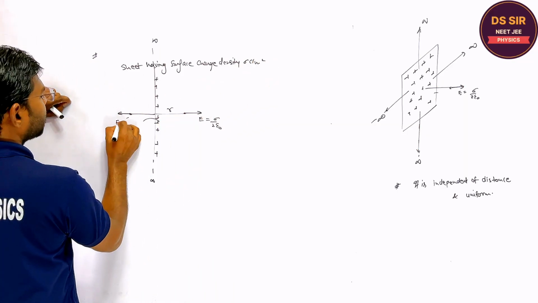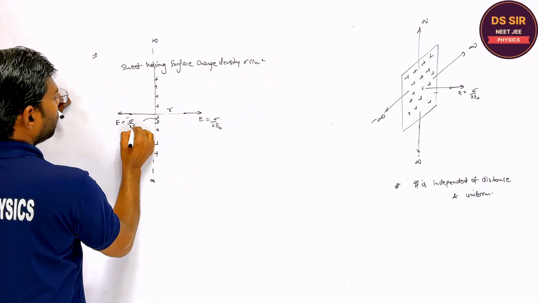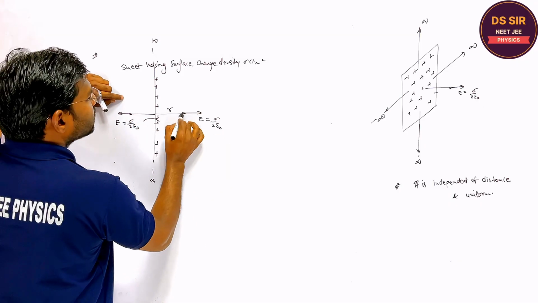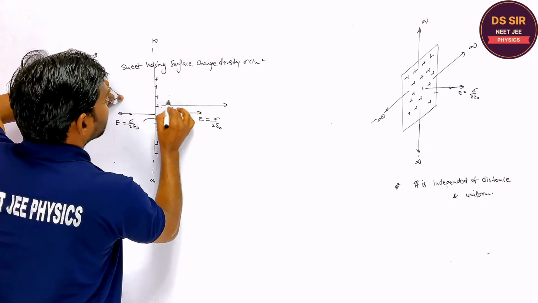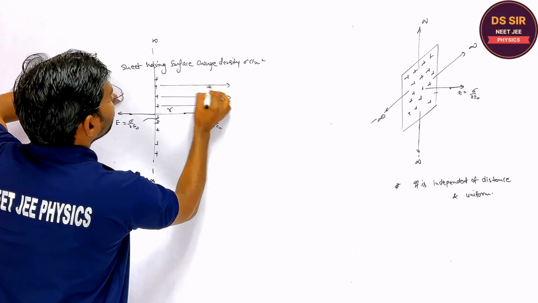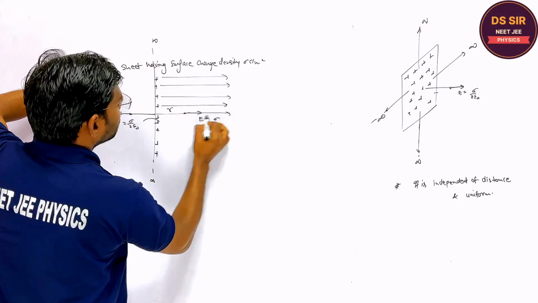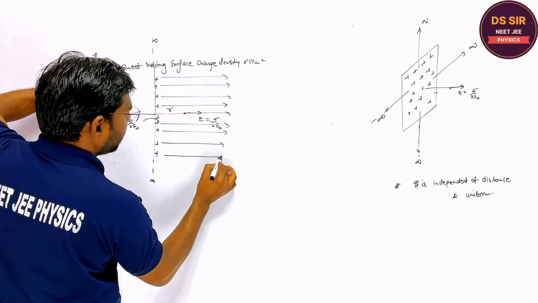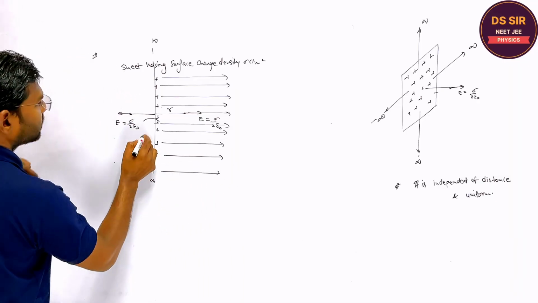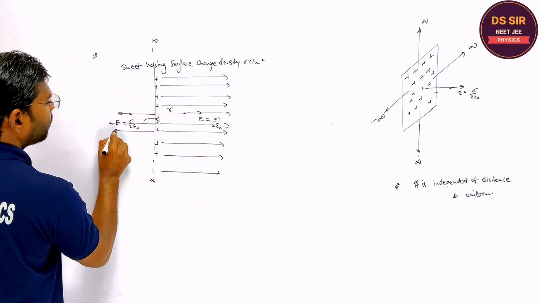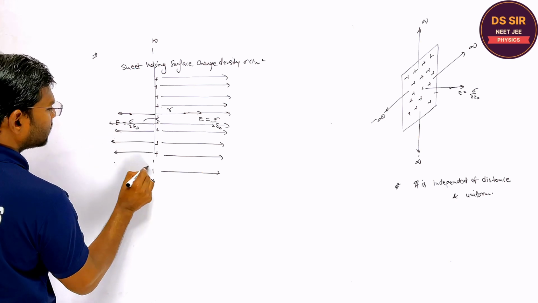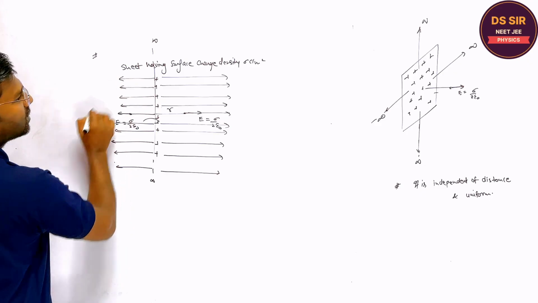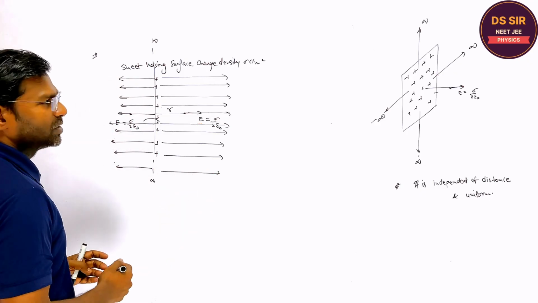And the electric field is like this, away from the sheet, everywhere, like this. On this side also, everywhere. The electric field is away from the sheet, uniform. Is it clear or not?